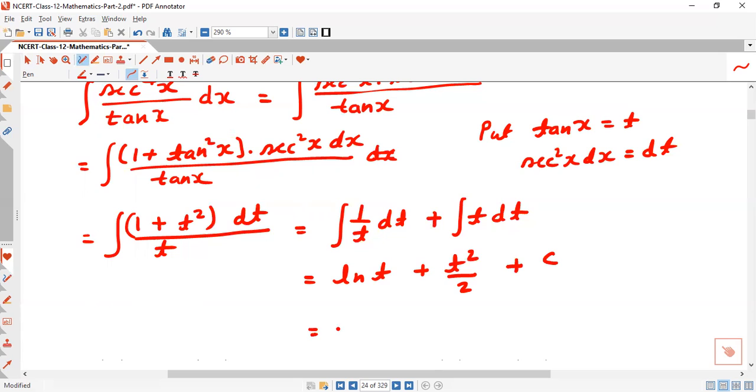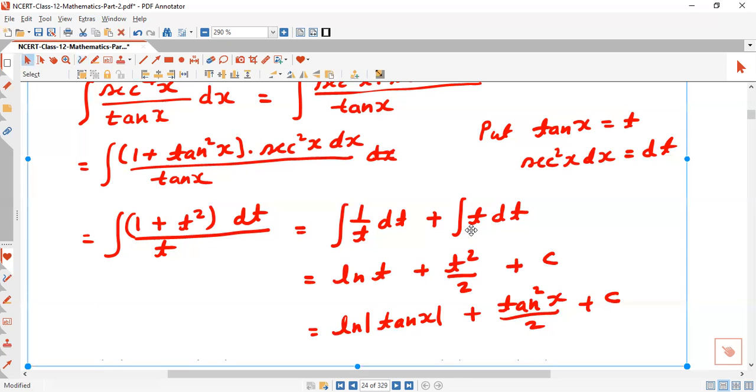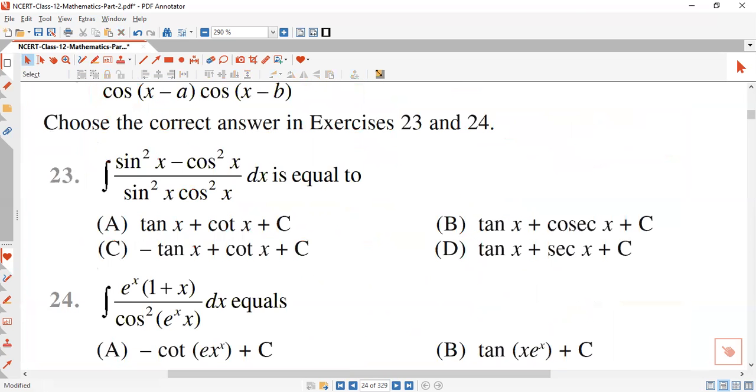Put the value of t: log of mod tan x plus tan square x by 2 plus some constant c. This is the answer of this question. Now, we will do the next question.